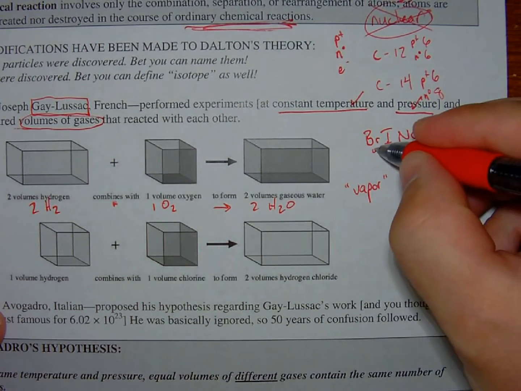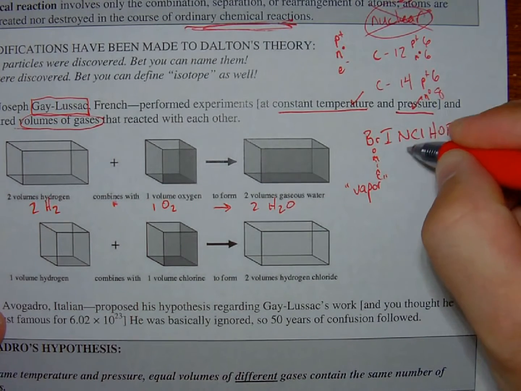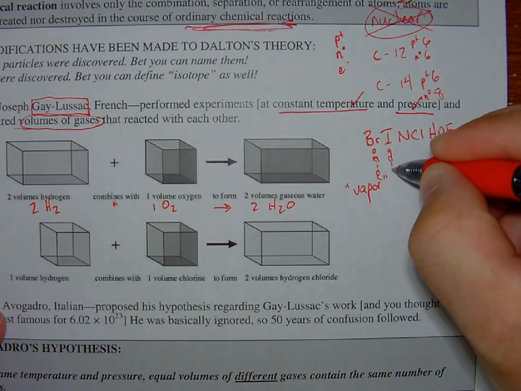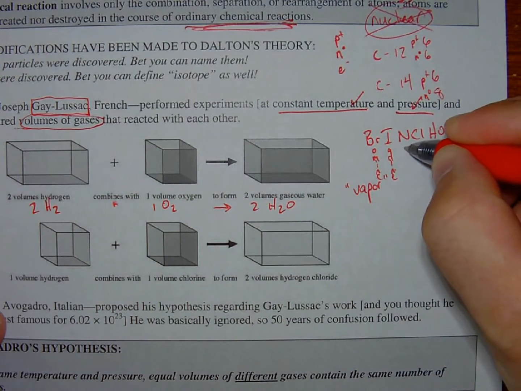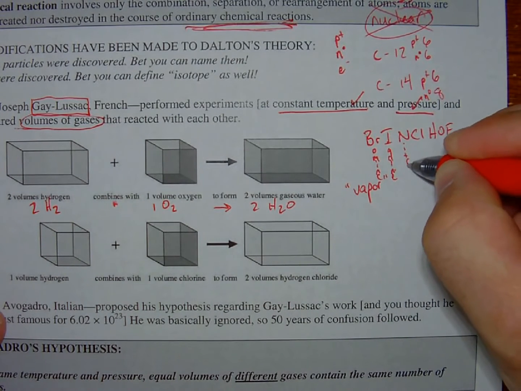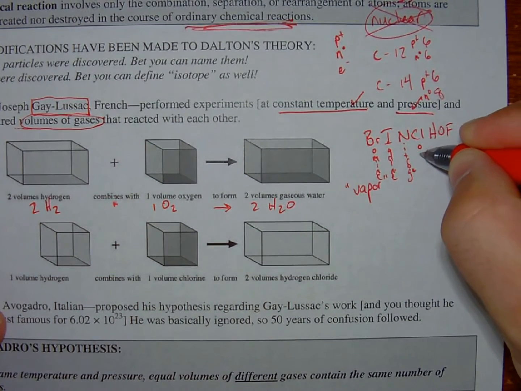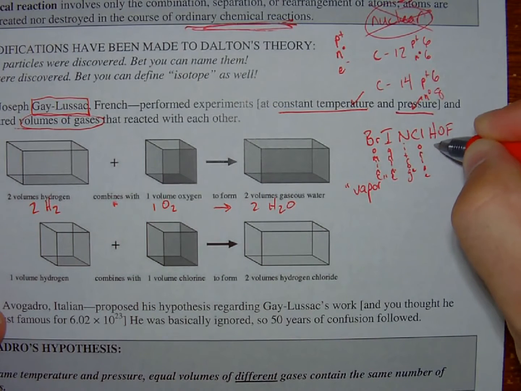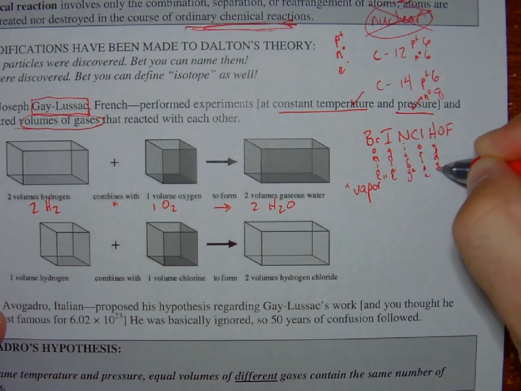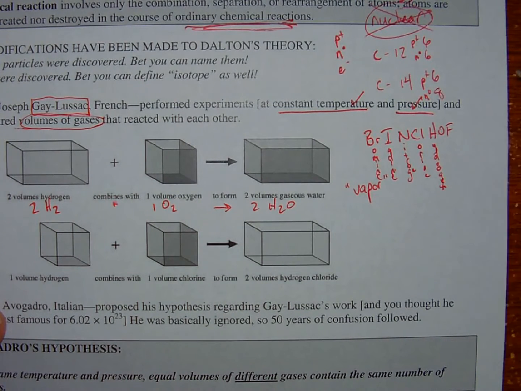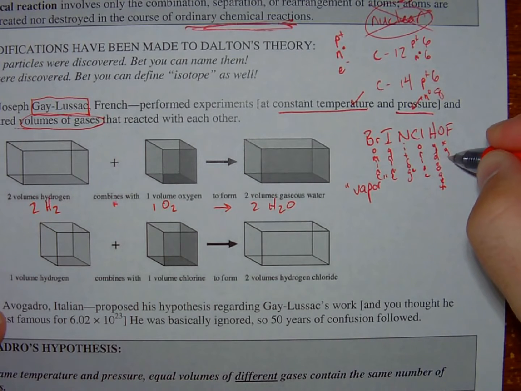Bromine, iodine, nitrogen, chlorine, that's not exactly how you spell it, so it's C-H-L-O-R-I-N-E. Hydrogen is actually harder to write in a line than I thought it would be.